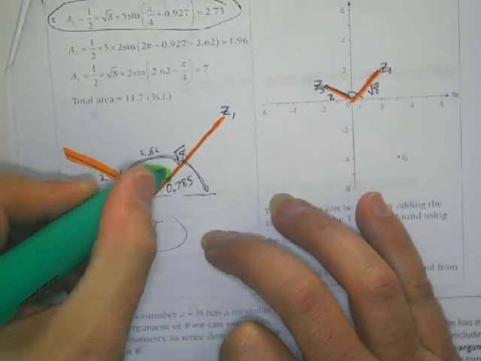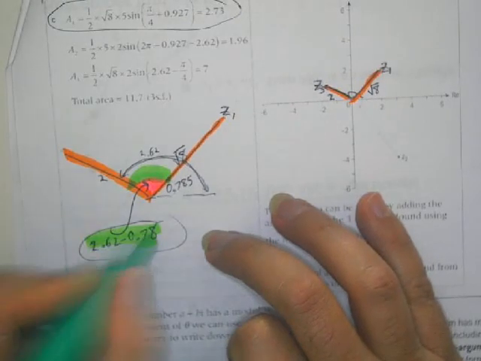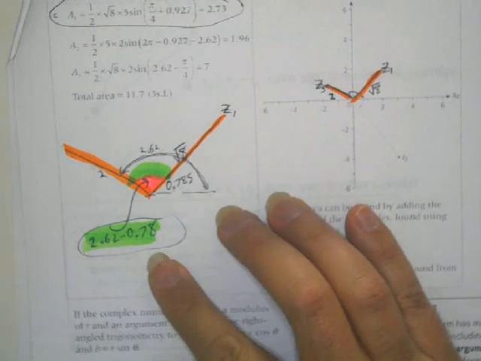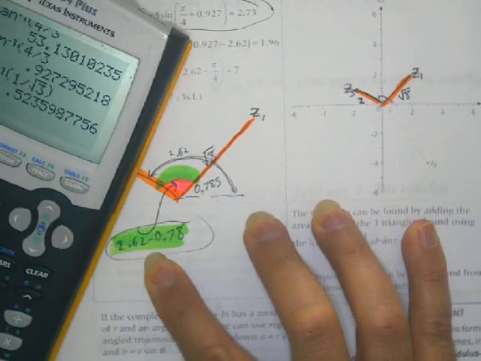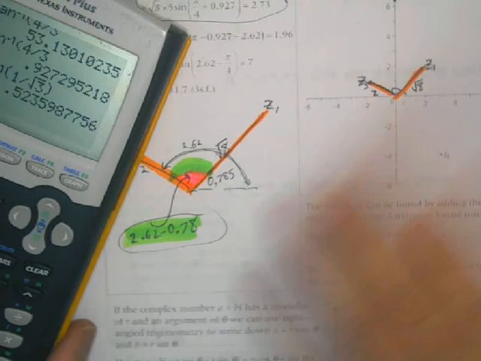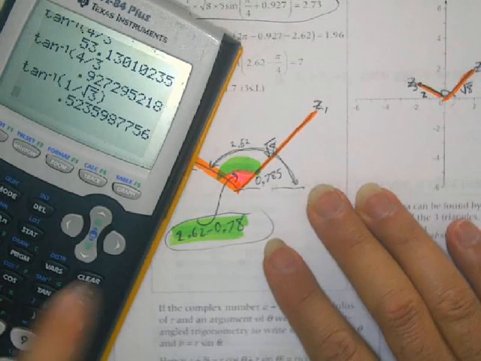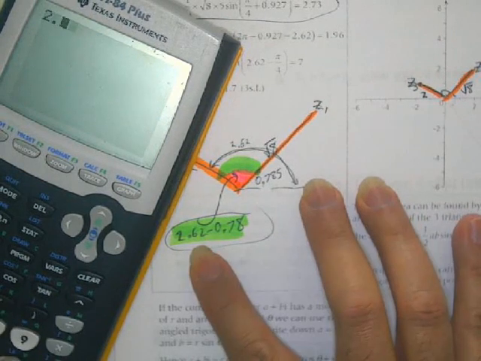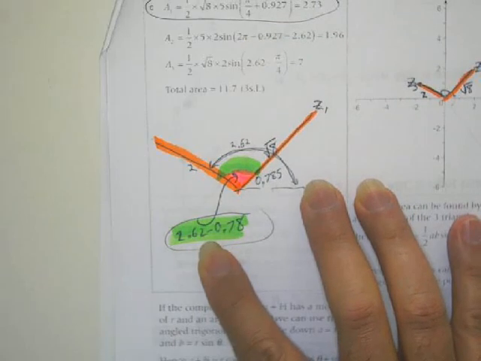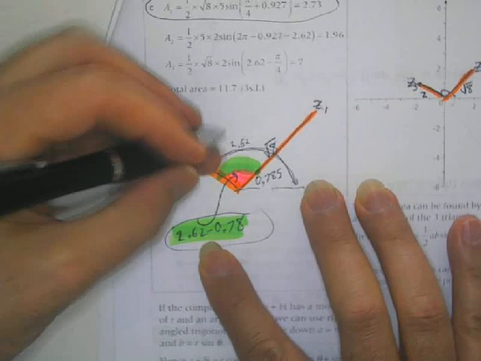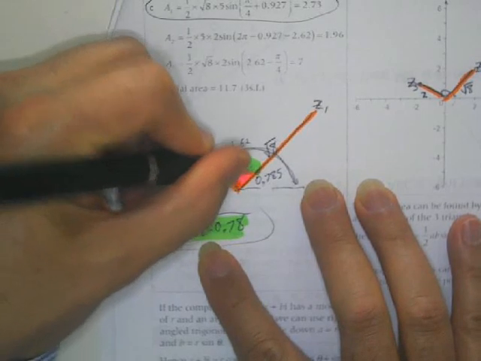So if I put that into my calculator, we've got 2.62 minus 0.78. So that angle is 1.84. That is my angle.